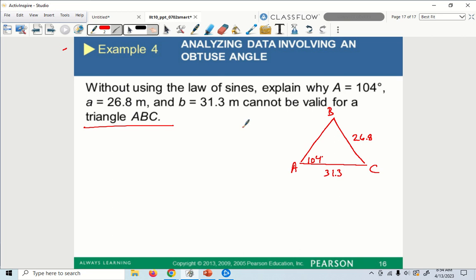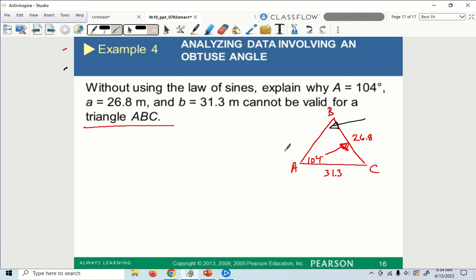All right. So say it again, loud and clear. Big A is the largest angle. Are you saying that big A is the largest angle and has to have the largest side? Okay, but why can't big B? Because there's literally only 76 degrees left, and you can divide them among the other two angles. They're not going to be larger than 104.